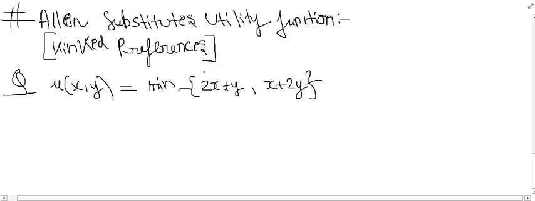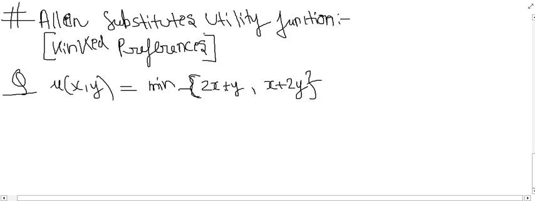Now don't be scared. This is a little tricky one, but as you go along in your micro in semester 3, you would be using this function many times. So let's begin how to operate under this kind of function in indifference curve analysis.